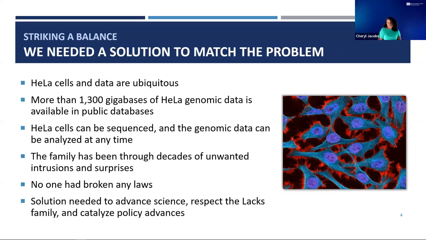A lot of HeLa cell genomic data is already available in unrestricted access or public databases. And with technology, HeLa cells can be sequenced at any time. However, the family had been through decades of unwanted intrusions and surprises and really wanted that to stop. But the challenge was that no one had broken any laws.